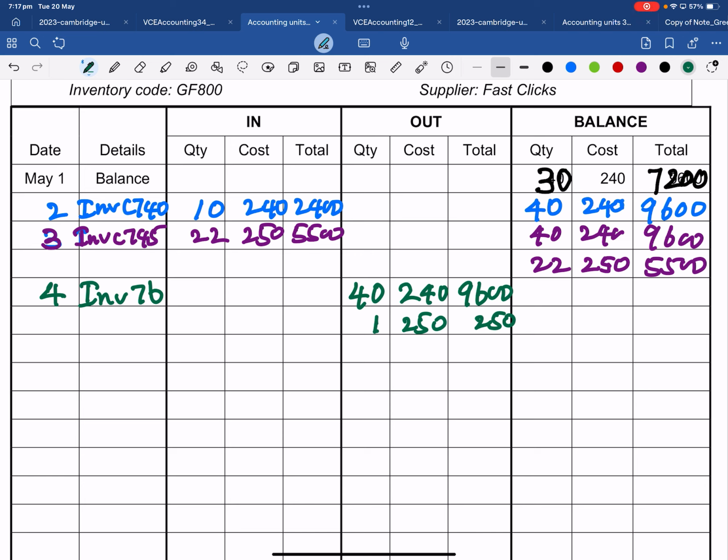Always we assume that whatever inventory comes first will be issued first. Then what is remaining? We have now 21 at 250, which is 5,250.